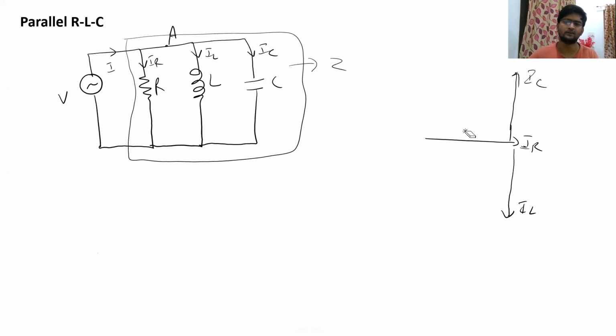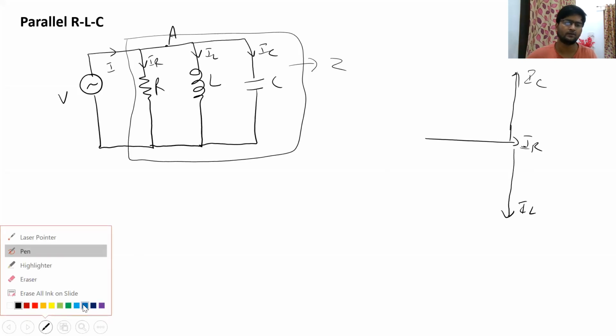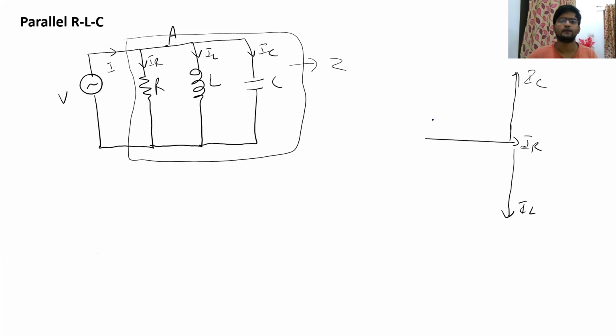So let us assume the example of case 1 where IC is slightly greater than IL. So we will get a net value here. So the final current I will be like that, right? So this I net is nothing but IC minus IL.